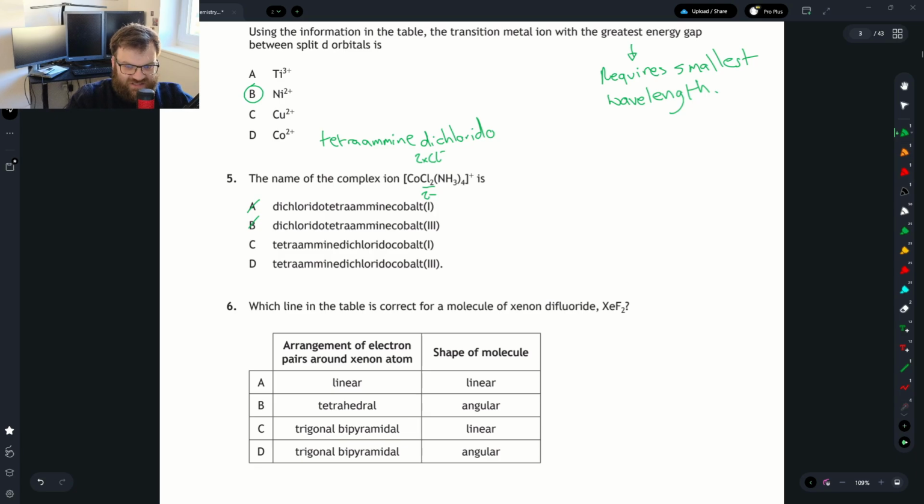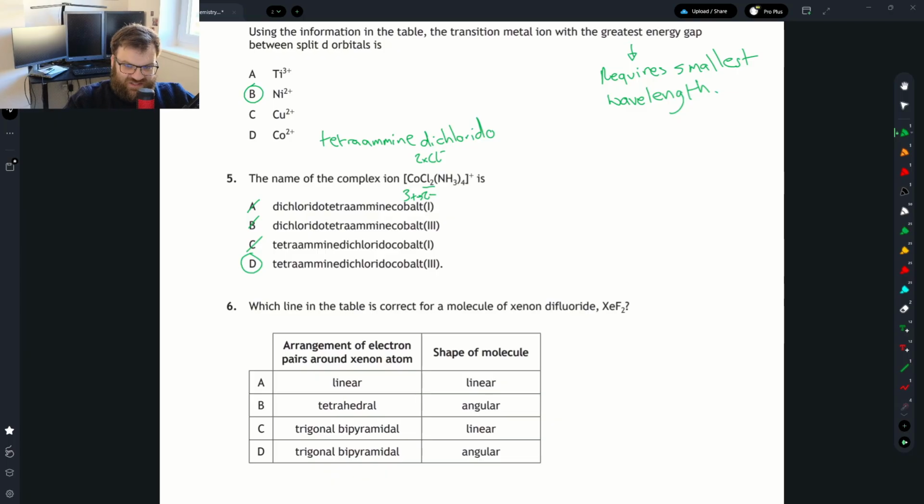And what this question's asking is, well, what charge on cobalt gives us 1+ overall? Well, it's going to have to be 3+, because then 3+ and 2- overall gives you an extra positive, which makes the overall complex ion positive. And that means D has to be the correct answer.